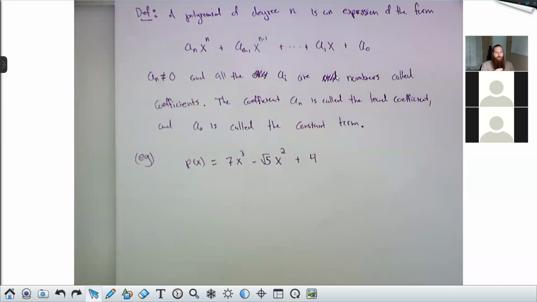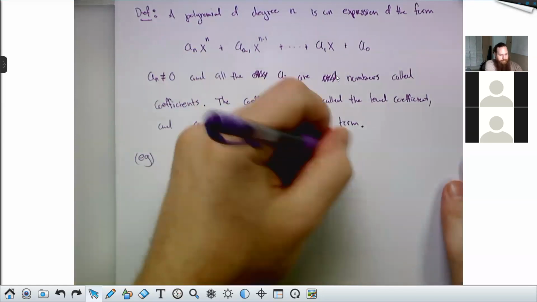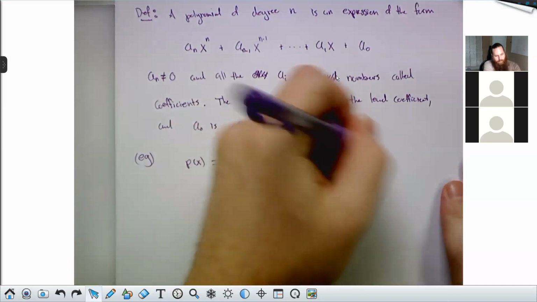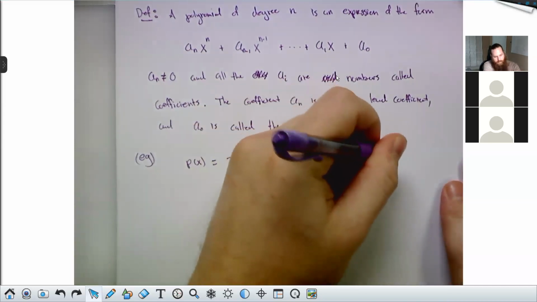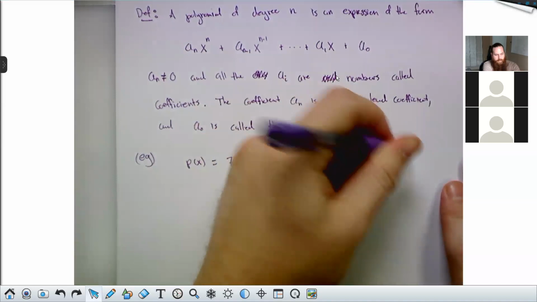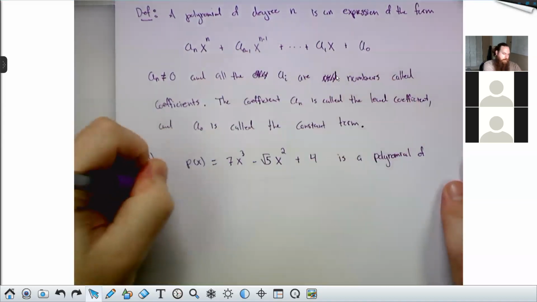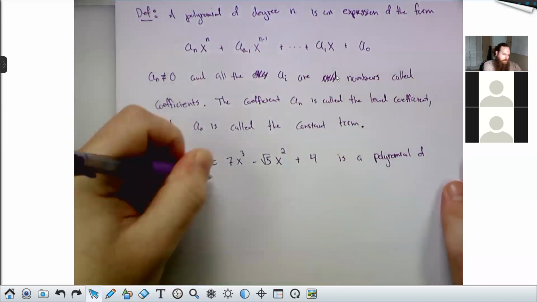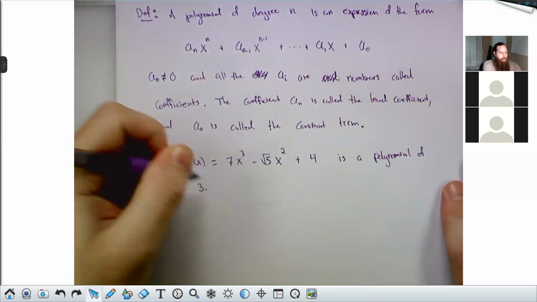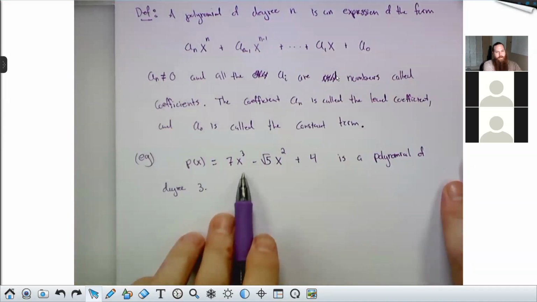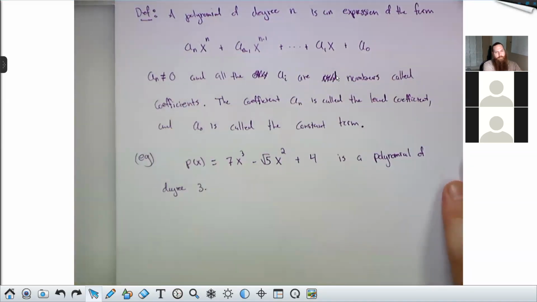This is a polynomial of degree 3, because the largest power of x anywhere is 3.